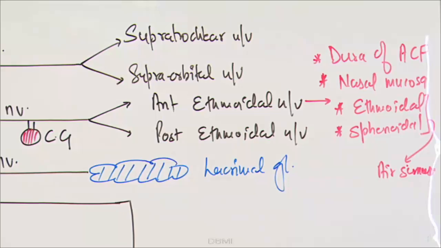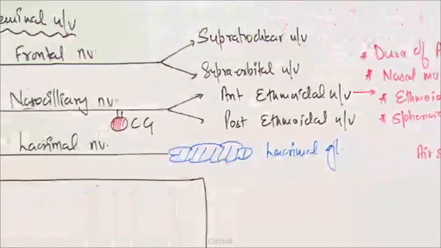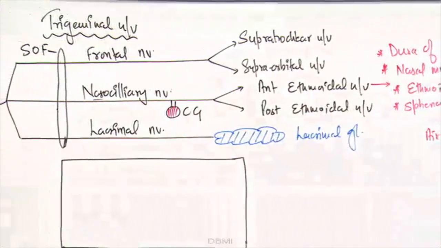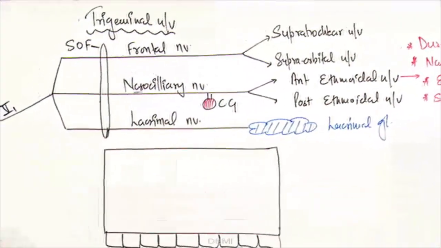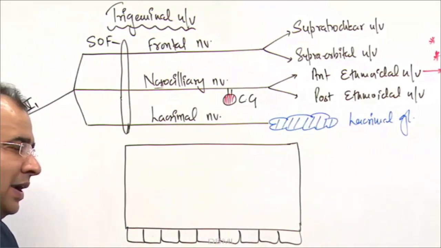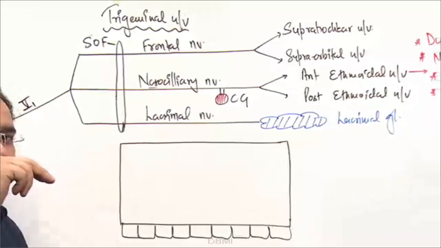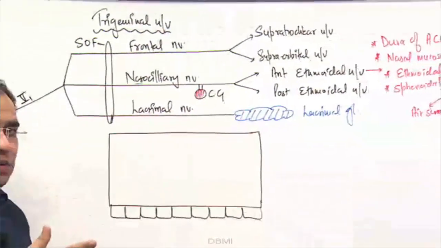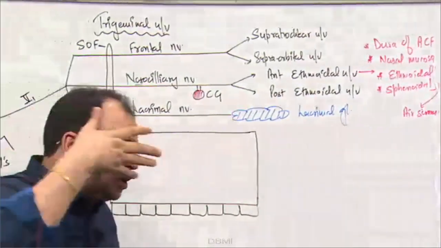Okay, coming to the maxillary nerve here. The maxillary nerve starts from the posterior cranial fossa once again, and then it goes through the middle cranial fossa, as it has a relation with the cavernous sinus, and then it comes out of the cranial cavity.